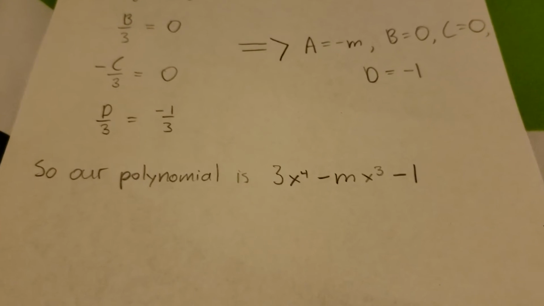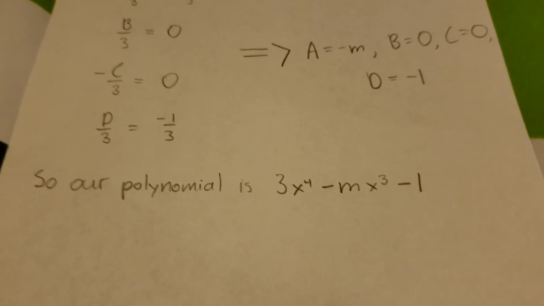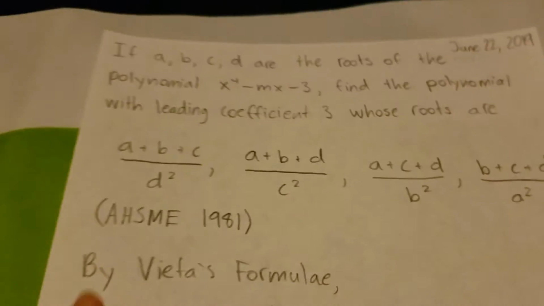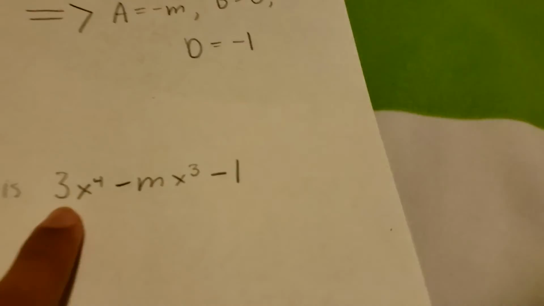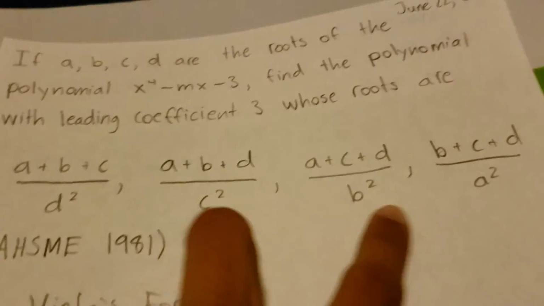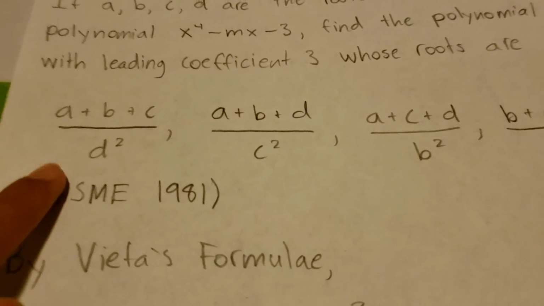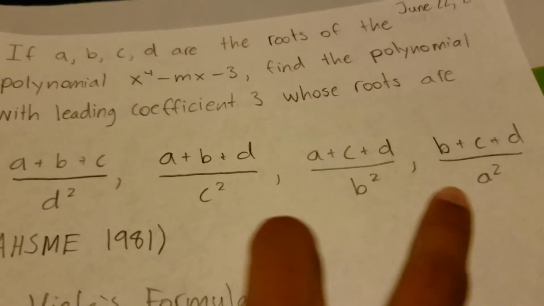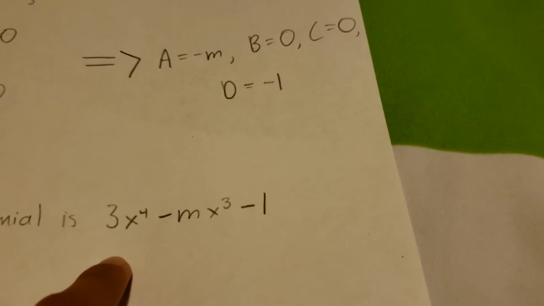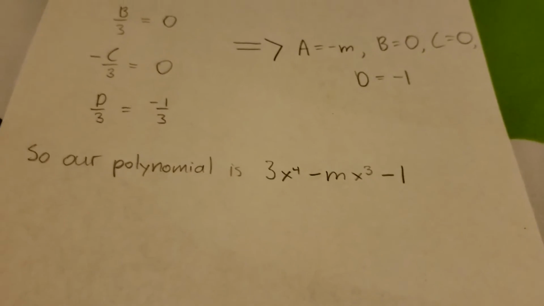So remember, what is it asking us in the beginning? Well, we just answered this crazy problem right over here. So that means this polynomial has these 4 roots. If you were to plug these 4 roots into this polynomial, it would make it 0. Interesting. That's really, really interesting.